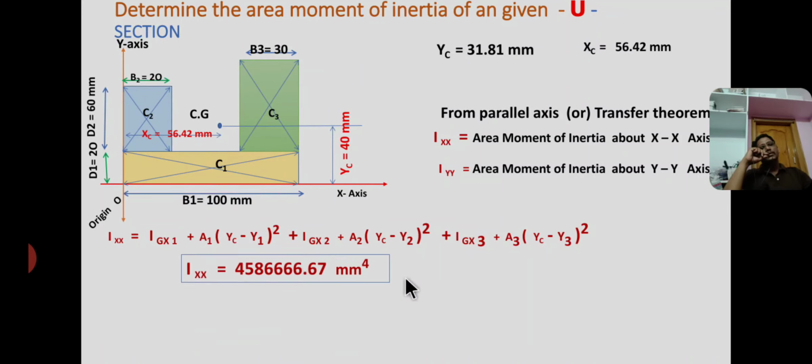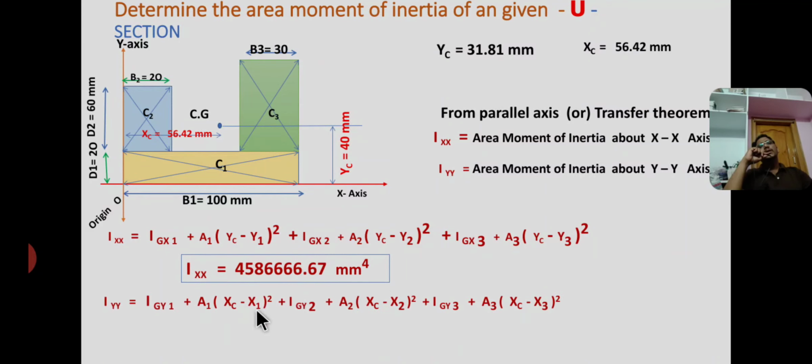We will get the answer, that is Ixx equal to 4586666.67 mm power 4. Similarly, Iyy equal to 6515238.51 mm power 4. These two are the final answers for area moment of inertia.